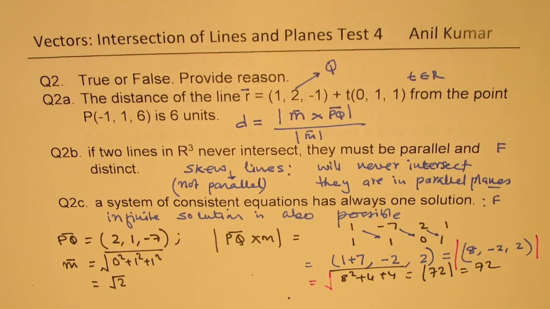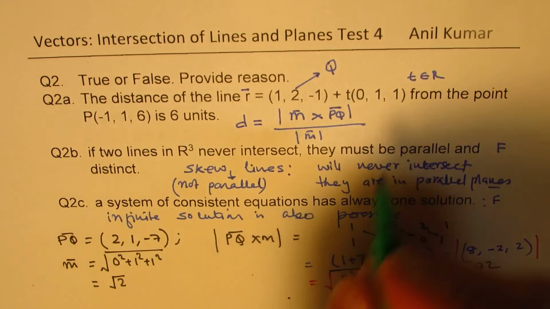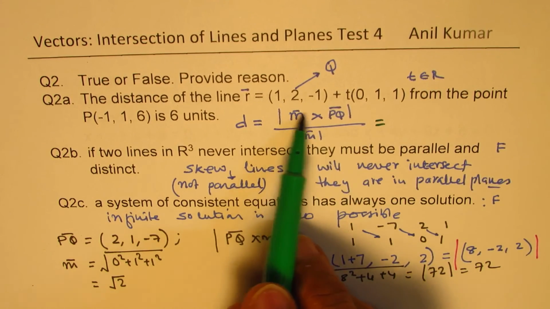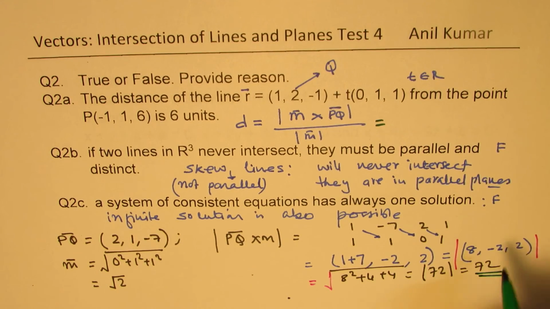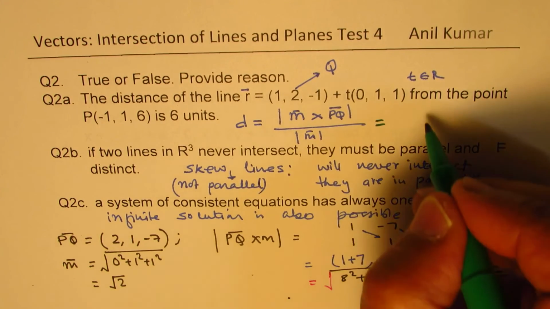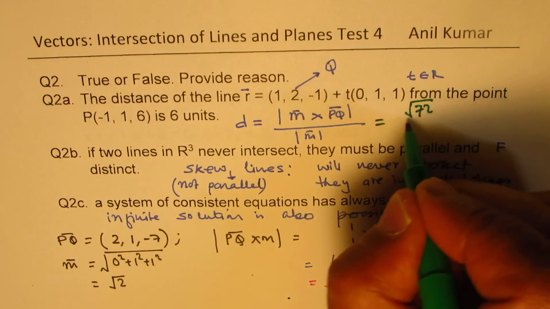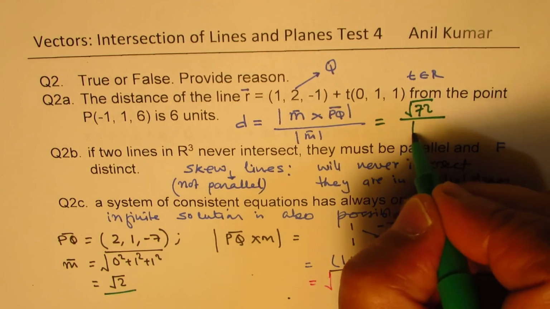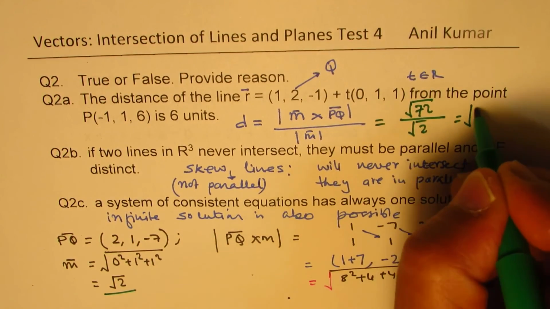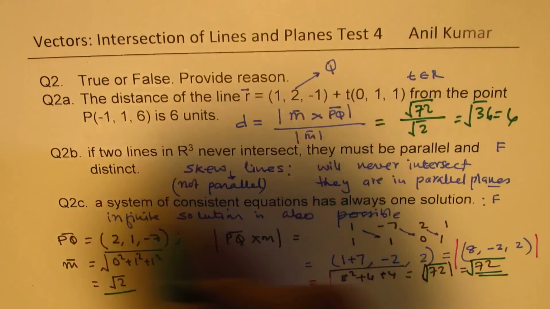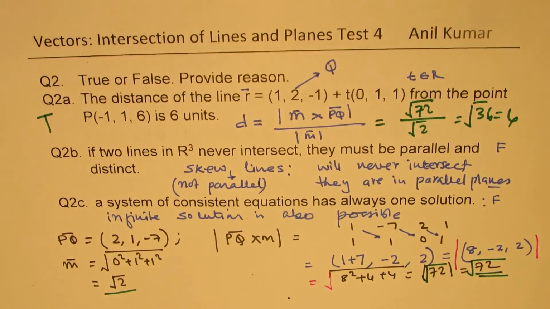Now let me write down the solution: distance is equal to M cross PQ over the magnitude of M, which we figured out as square root of 72 over square root of 2, which is square root of 36, which is indeed 6. So this statement is true. Is that clear to you? So that is how you're going to do it. I just did all the calculations here to show you the result, so I hope you find it perfectly fine.